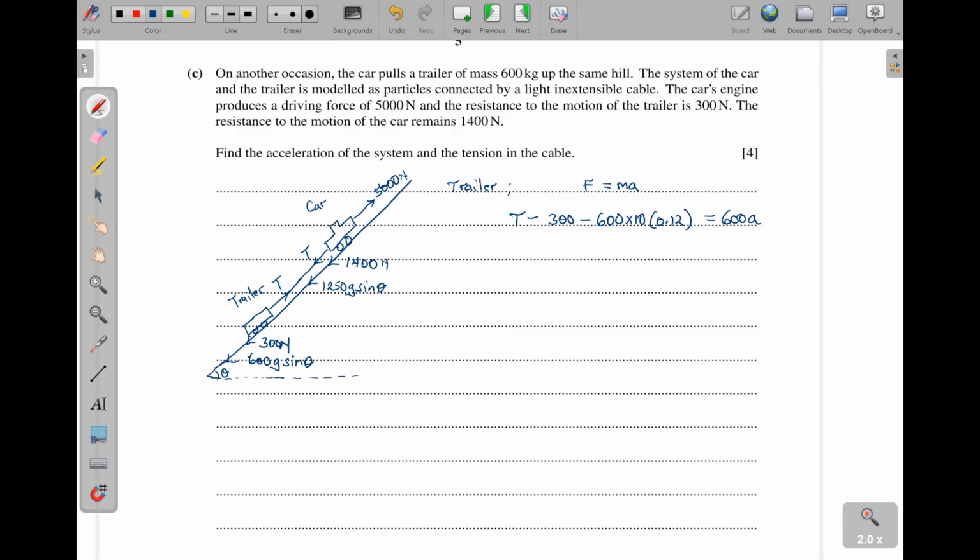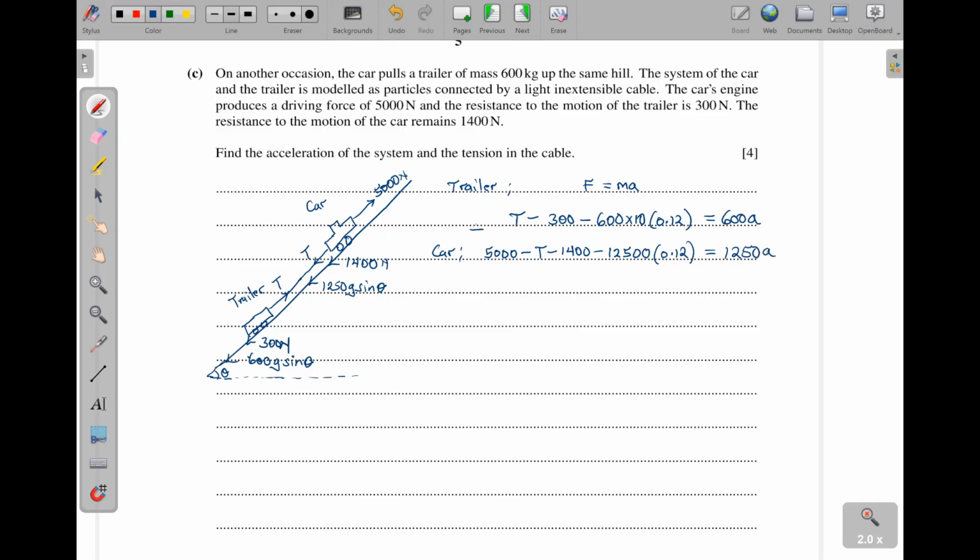So what is happening on the car? We have the 5,000, then minus the tension, minus this resistance, and also mg sine theta. Those are the ones opposing the motion. So we have minus the tension, minus the 1400, minus 1250, sorry, this one is a minus 1250 times g, times sine theta which is 0.12, equal to 1250 a.